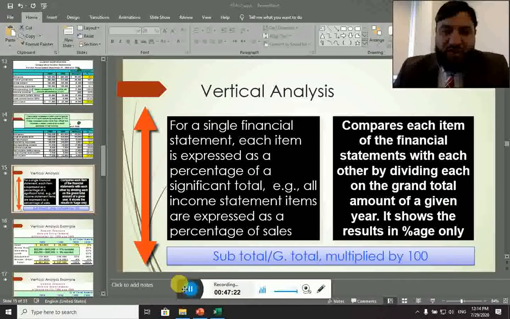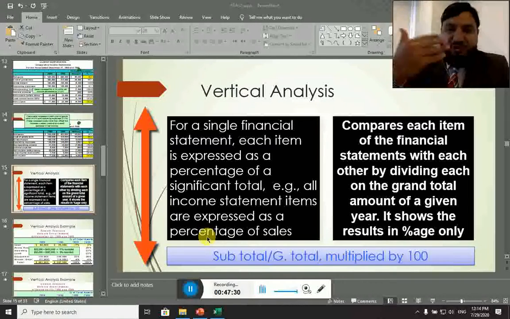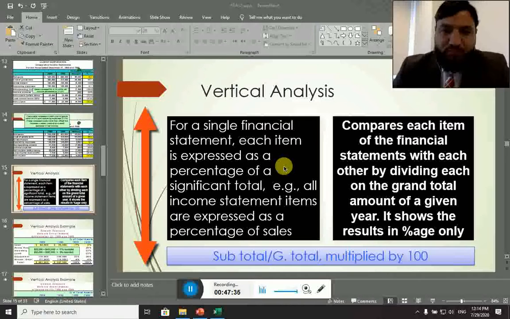Next we have vertical analysis. It is same as the horizontal analysis, but here we go from up to down or from down to up. We can see it's vertical. This analysis is used to find out the relationship between different items of a single year of the financial statement.